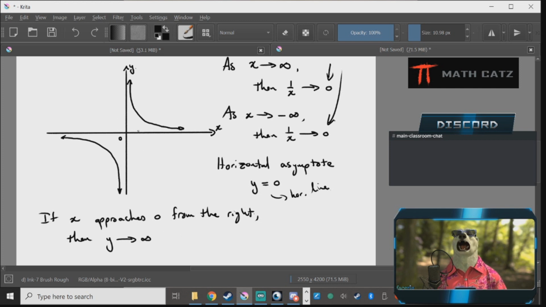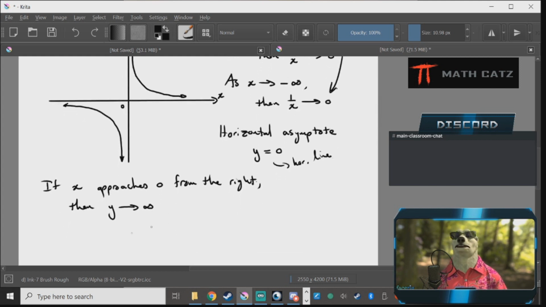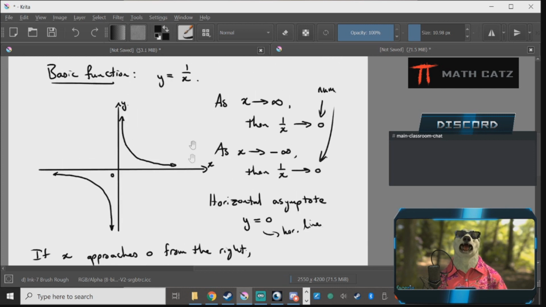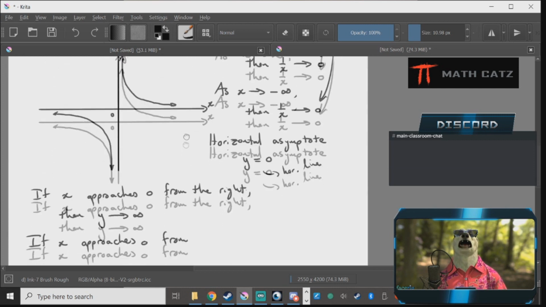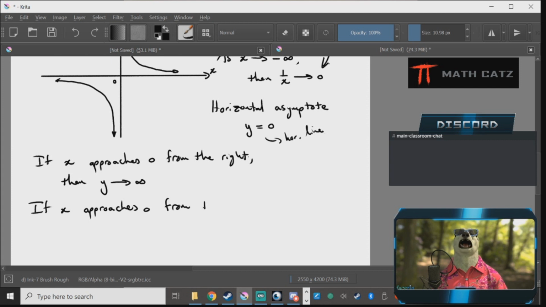The point is I have another long-term behavior, but it's flipped around. Y is blowing up as x approaches a number. And I'll squeeze it in here because something different happens as x approaches 0 again, the x value where the function is undefined, but from the left.